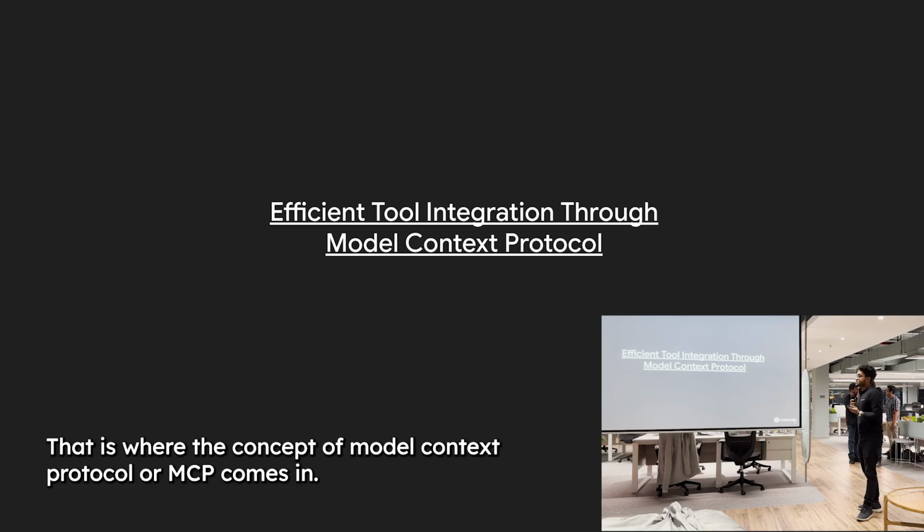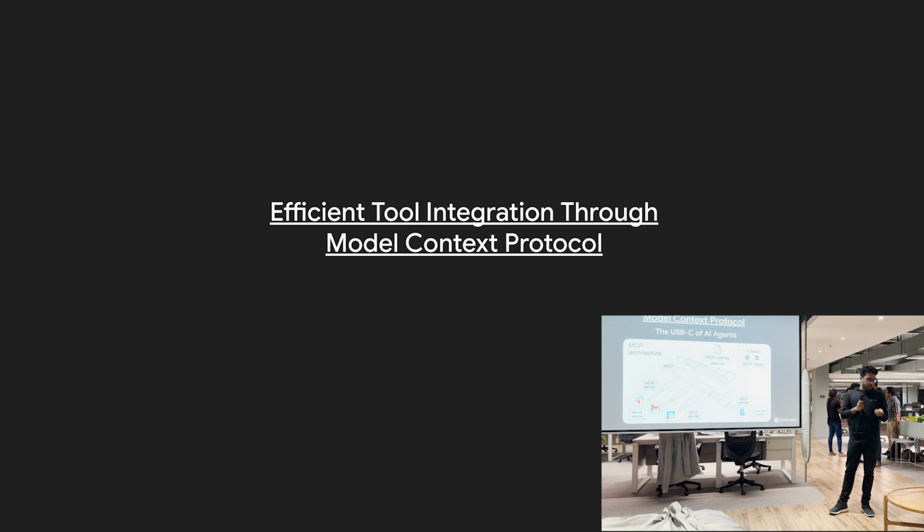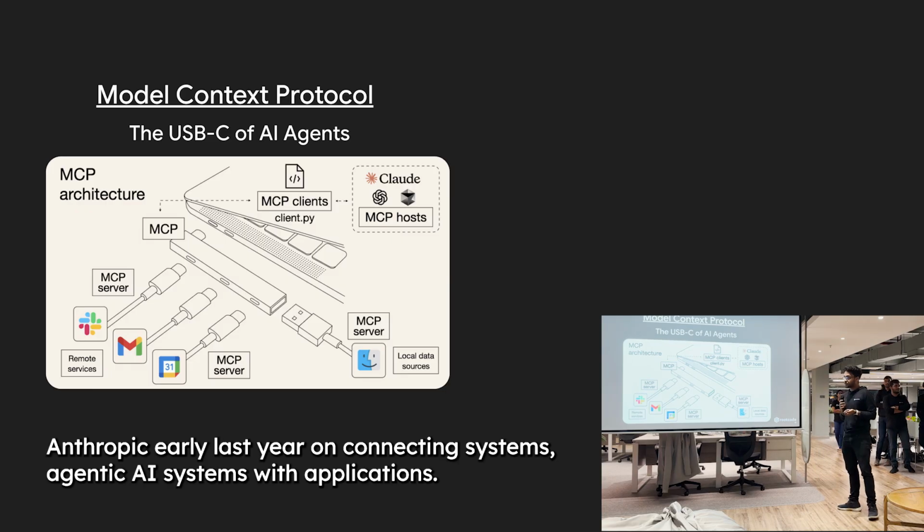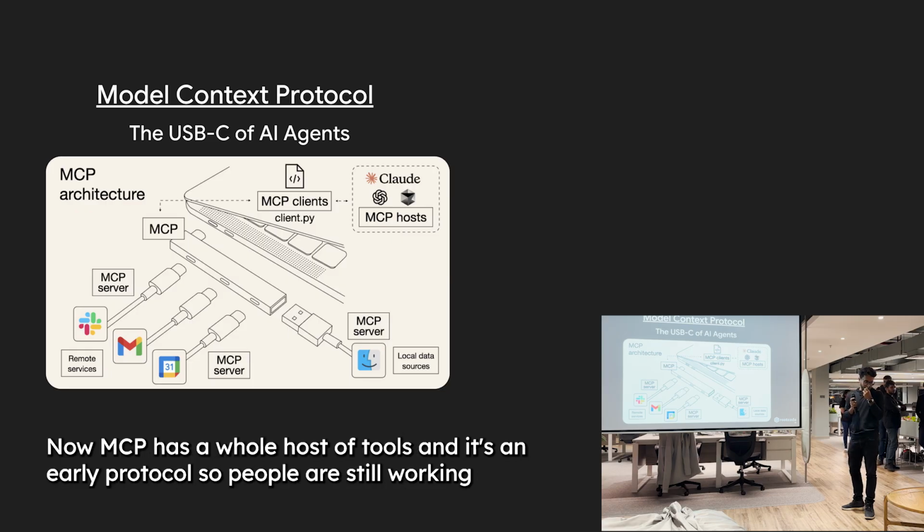That is where the concept of Model Context Protocol, or MCP, comes in. MCP, finally dubbed the USB-C for AI agents, is a common shared protocol introduced by Anthropic early last year for connecting agentic AI systems with applications.